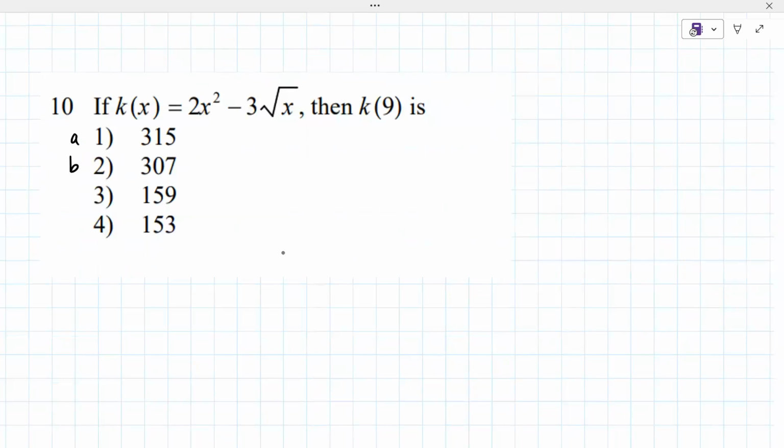And I'll do the A, B, C, D thing here. 153. Okay, so 2 times 9 squared minus 3 times square root of 9.